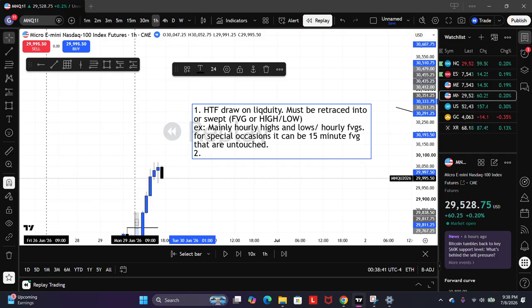2, we need to disrespect a fair value gap on the entry time frame.